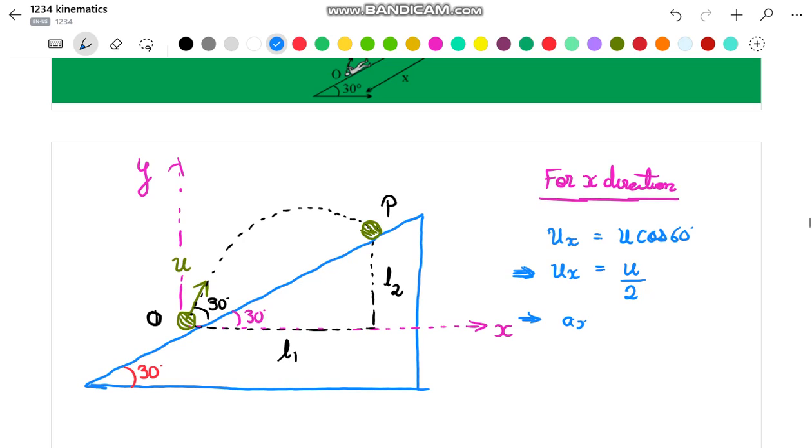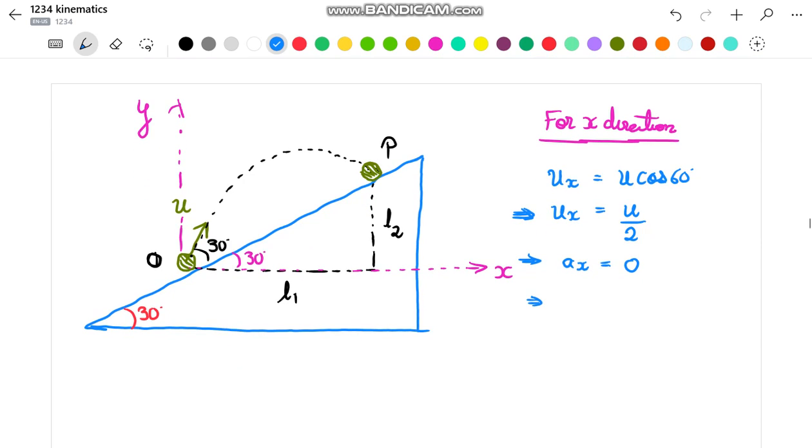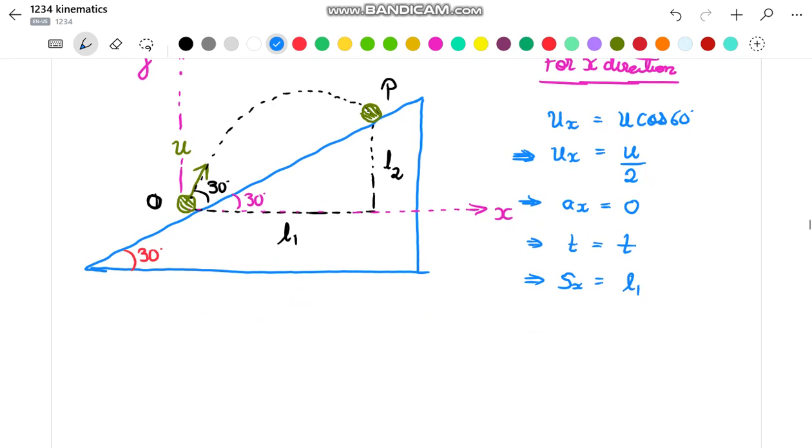Since we know that acceleration in x direction for this case will be 0, as I am assuming x direction to be perfectly horizontal. Now when time is equal to time of flight, which is given as 2 seconds, or let us for a moment write it as time t, the displacement of the bullet in x direction is equal to L1 that I have assumed in the diagram. So from here I can write that L1 is equal to u by 2 into t. Let us call this equation 1.